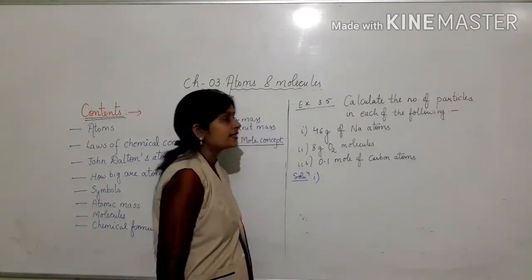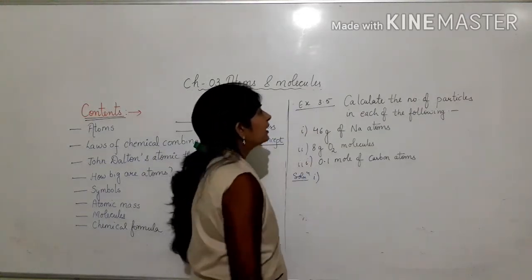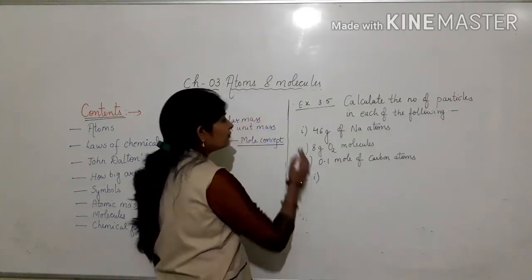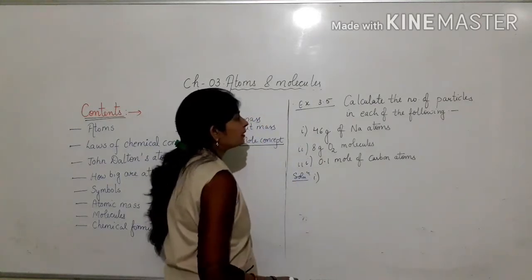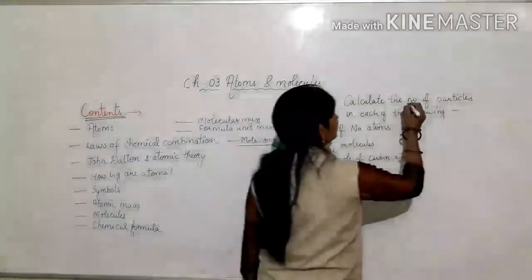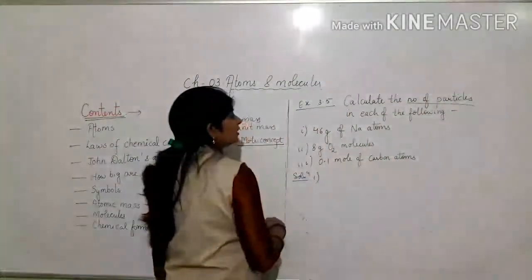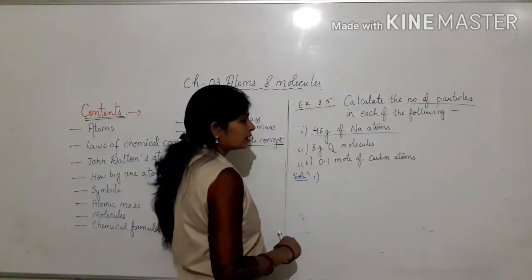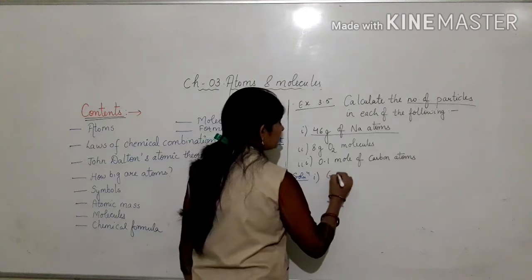Okay. Now example 3.5. Calculate the number of particles in each of the following. First part, 46 gram of sodium atoms. So we have to calculate the number of particles in 46 gram of sodium atoms. Okay. So what is given?